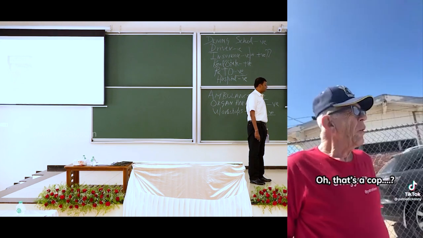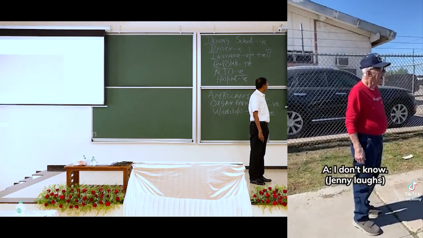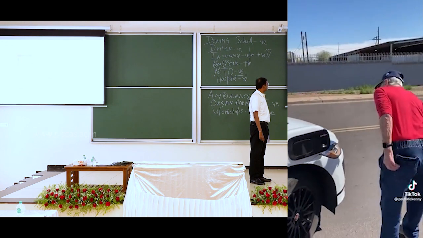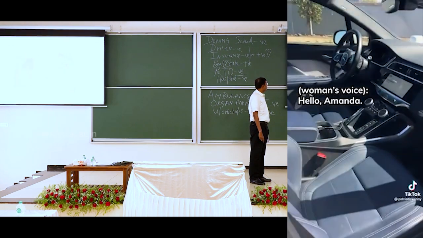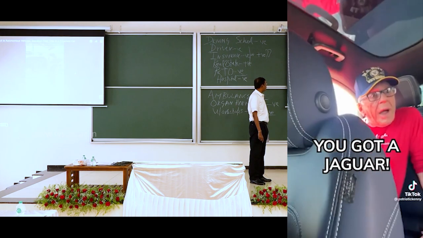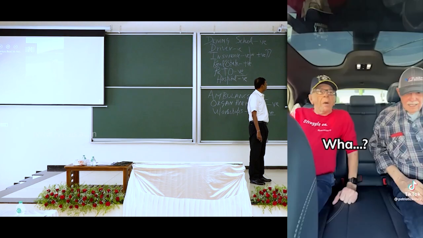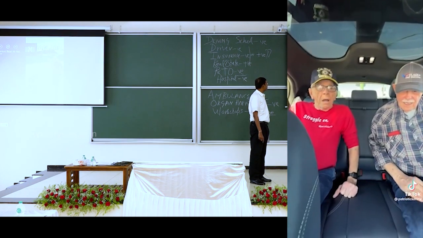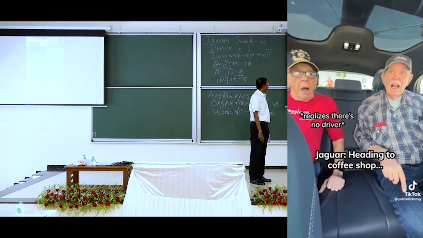Oh, here he is. Well, that's a car. What's that thing on top? I don't know. A jaguar. Hello, Amanda. Oh my goodness. You got a jaguar. Where is the guy? What? Buckle up. Well, Heading to Xanadu Coffee Company. oh no, Amanda.